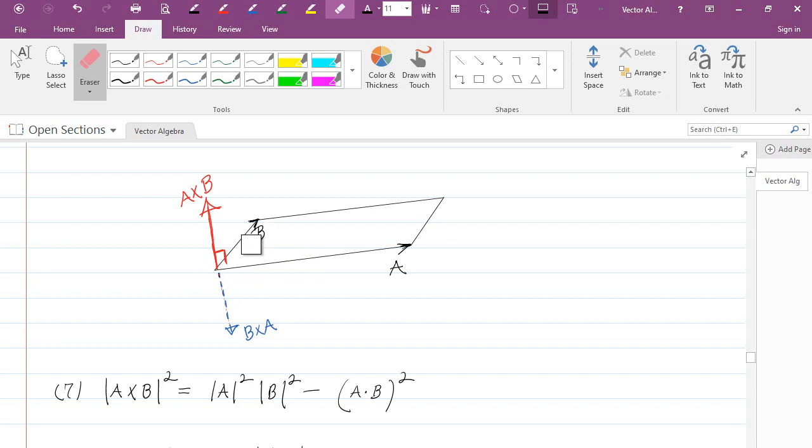Then our thumb will show us the direction of a cross b. So the direction for a cross b can be found by using the right-hand rule.